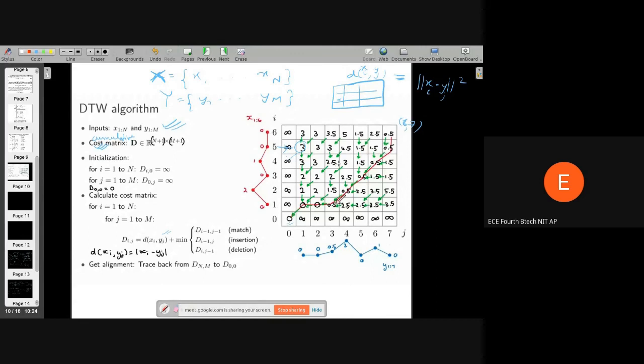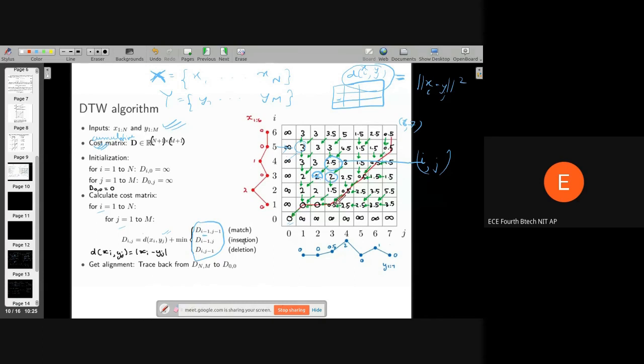So at any point you have the individual cost and the minimum of these three. What are these three? Let's say this is the ijth point. Then D(i-1, j-1) is this location. D(i-1, j) will be this.